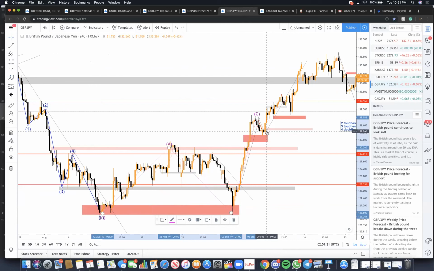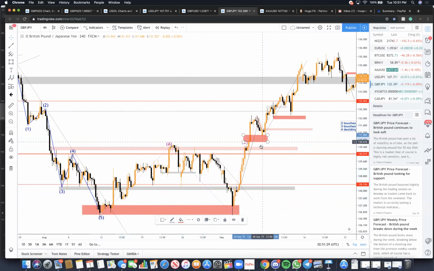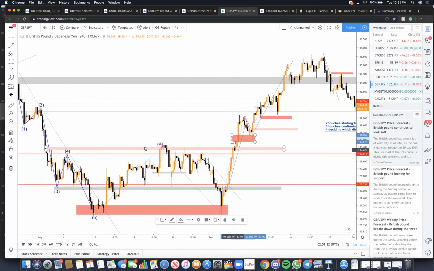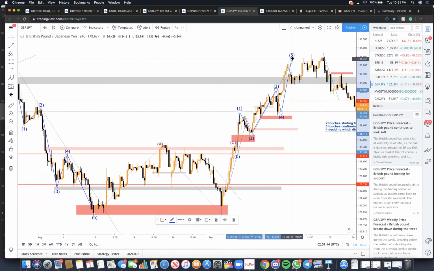The market came back to retest the last low. And I'm sorry, I pushed this up way too high. The market retested the last lowest high of the previous downtrend, creating the new trend to the upside where we have 1, 2, 3, 4, 5.